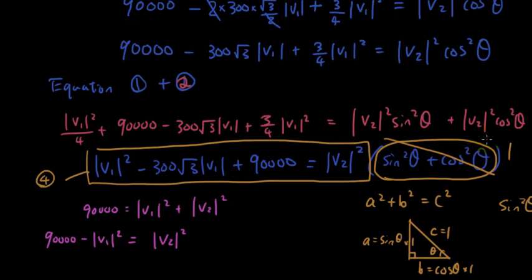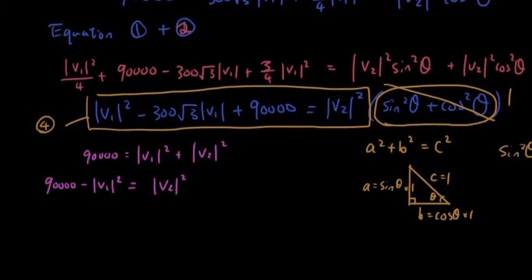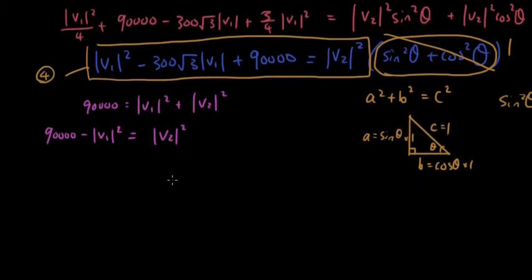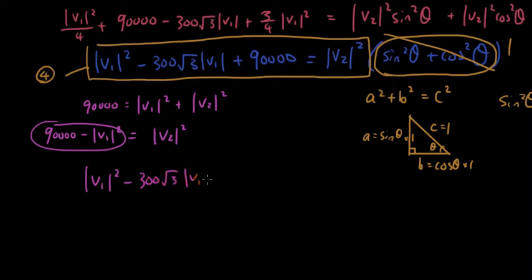Once I have that, I can substitute this into where v2 squared is in equation 4. So I'll have v1 squared minus 300 square root of 3 v1 plus 90,000 equals 90,000 minus v1 squared.